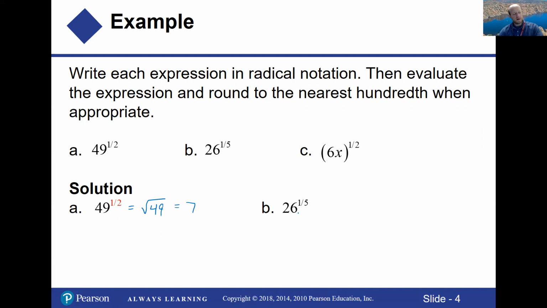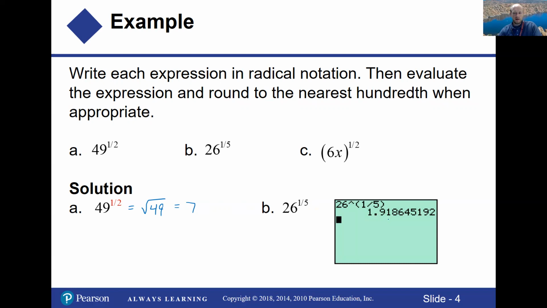Now 26 to the 1/5, and again, you should be able to type this into your calculator. I'm not going to show you how to do that, but if you can't, just let me know. 26 to the 1/5 is actually going to give you a decimal number, so it's not a whole number.